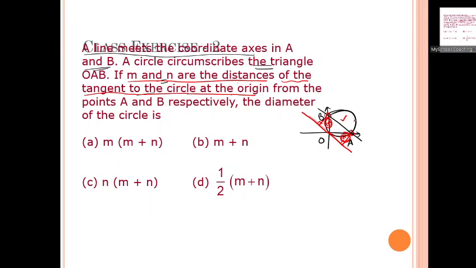Yes, say it. Sir, what is written, which line? A line meets the coordinate axis at A and B. Okay? Are you noting down the question? Yes, sir, noting it. Okay.